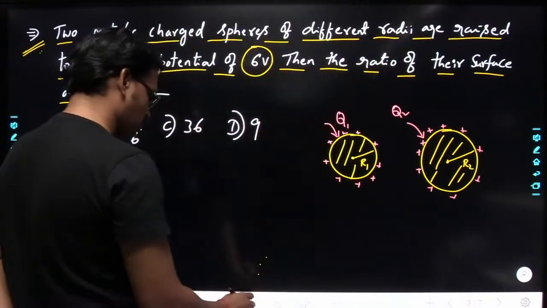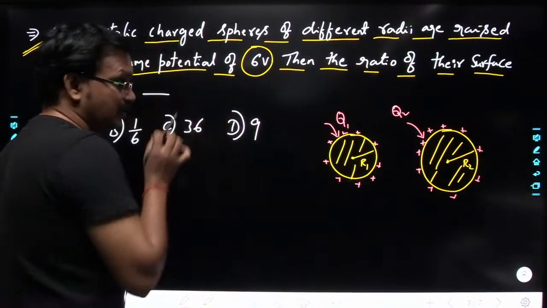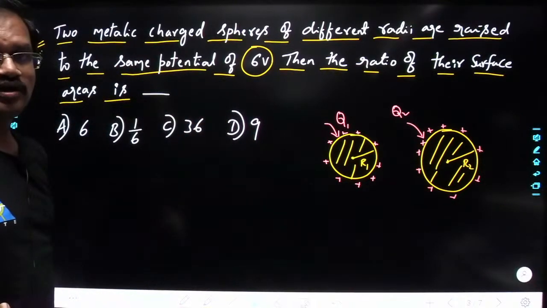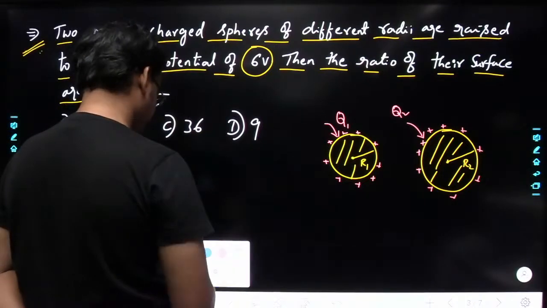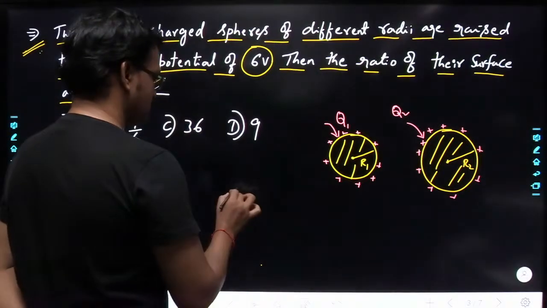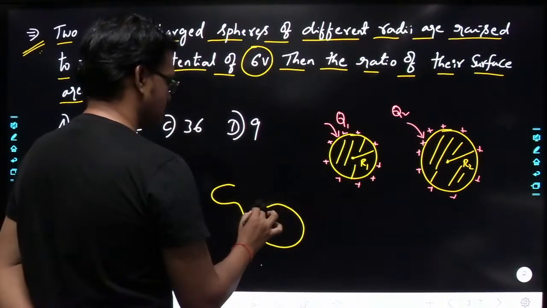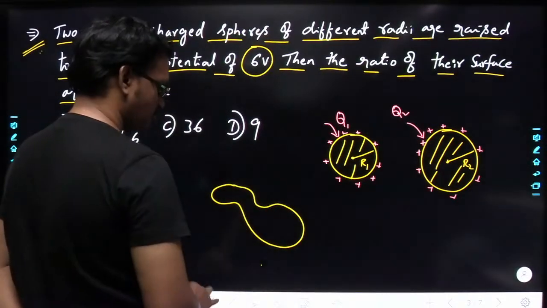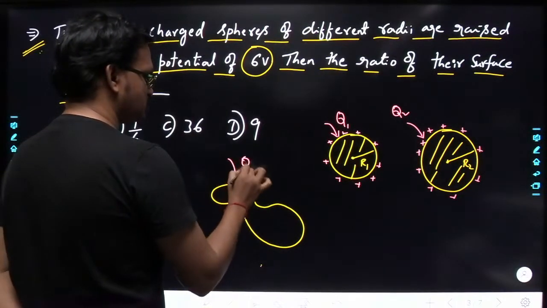See, yesterday I told you, each and everything on conductors is based on the properties we dealt with in yesterday's class. Suppose you have a shape like this, and now you supply some charge Q to it.